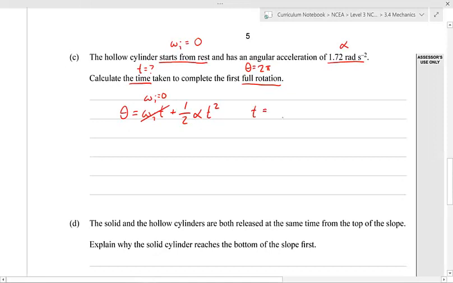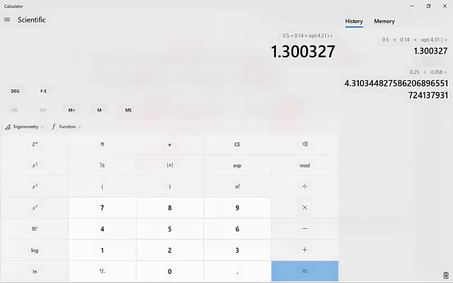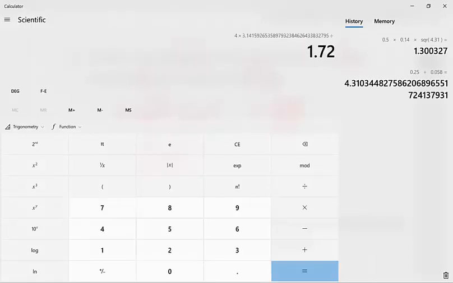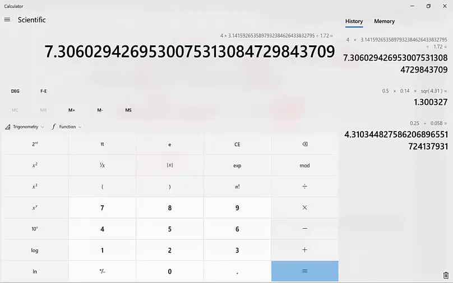So t is going to be equal to the square root of 2 theta over alpha, so t is the square root of 2 times 2 pi over 1.72, which is 4 times pi divided by 1.72, and then square rooted.